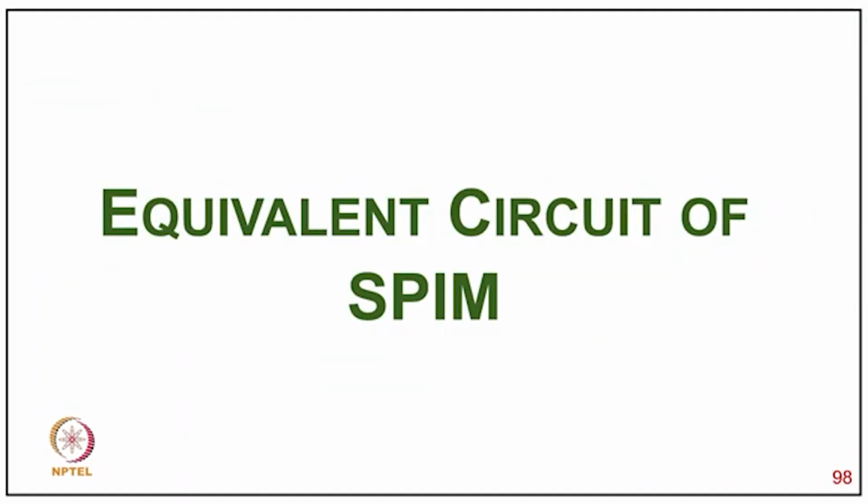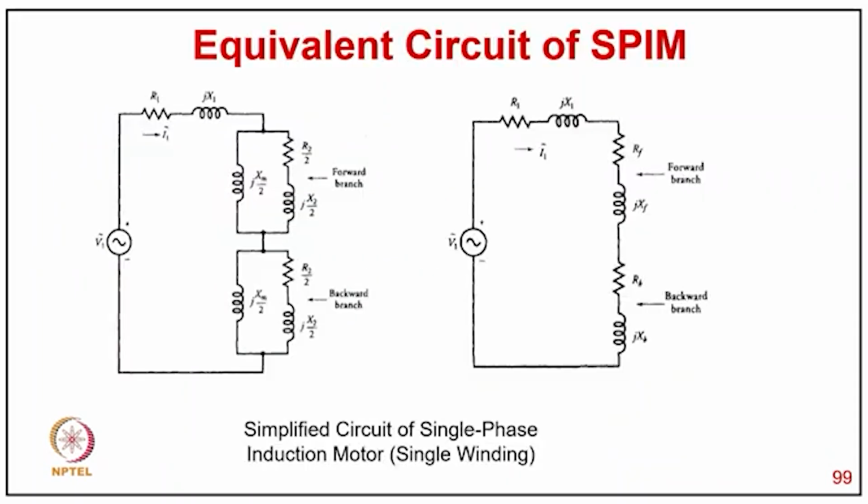Now coming to the equivalent circuit of the single phase induction motor. So we have a simplified equivalent circuit with the single winding, where we have the main winding resistance and reactance, and we have the forward branch and backward branch. Of course, it is similar to a 3-phase induction motor but divided by 2 under blocked rotor condition.